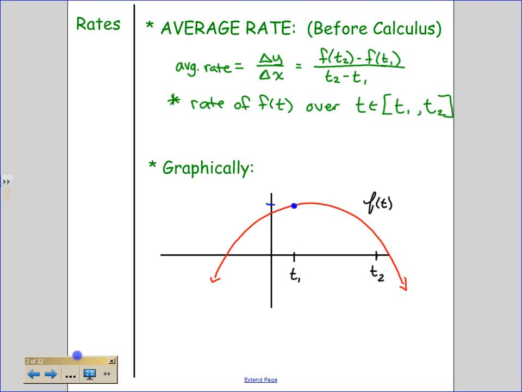Then f of t2, I could plug in and get my f of t2. If I was finding the slope, I wouldn't be finding the slope of the quadratic. I'd be finding the slope through the quadratic. And what is a line that goes through a graph?